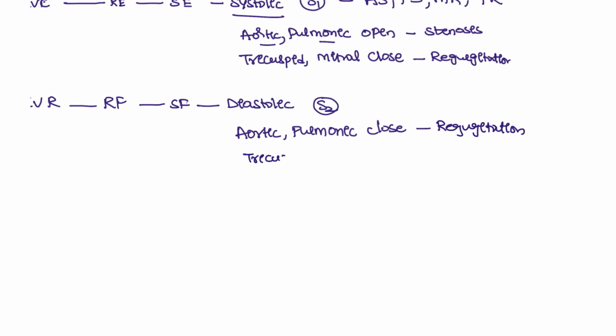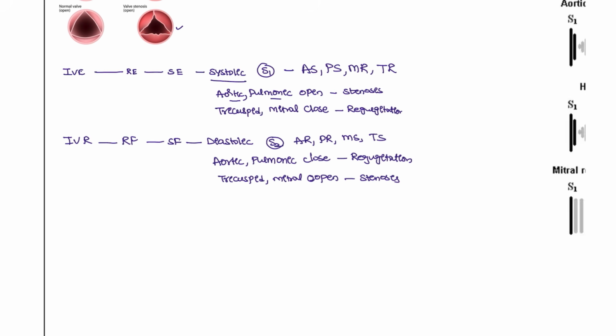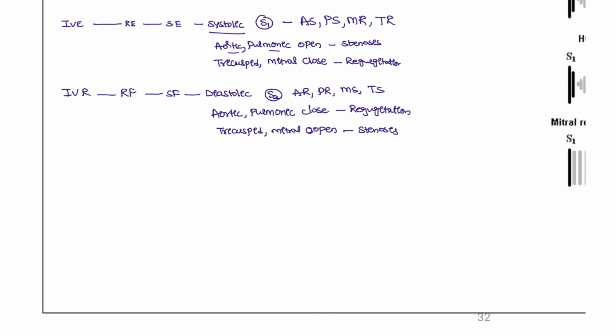Next, the tricuspid followed by the mitral, both are open, which is going to cause the stenosis. Right? So now tell me, the diastolic murmurs are aortic regurgitation, pulmonic regurgitation, mitral stenosis and tricuspid stenosis. Right? These are the diastolic murmurs and the systolic murmurs. Easy, right? So this is how you have to remember.